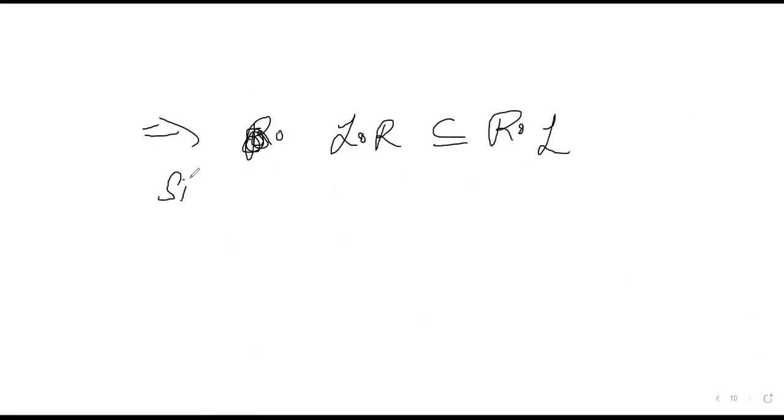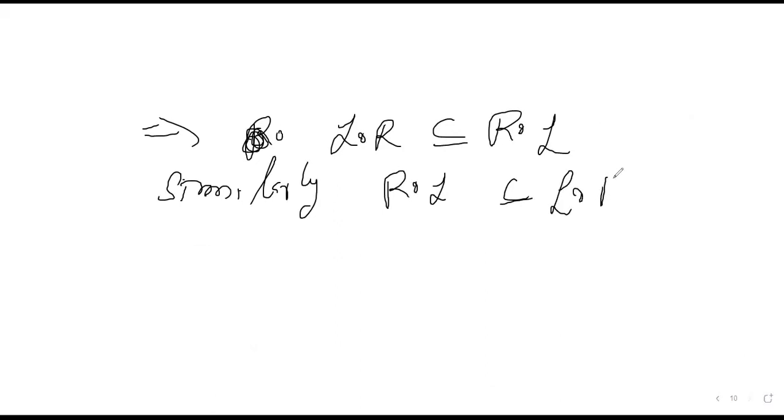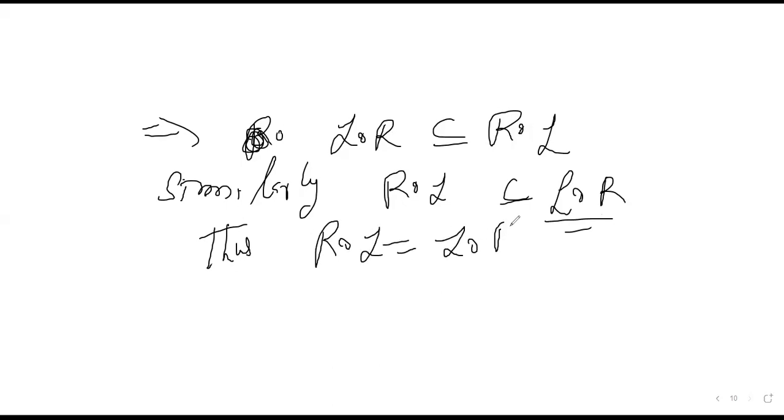Now similarly, you can show that R composition L is a subset of L composition R. So they permute. So thus R composition L is same as L composition R. So once they permute, I have mentioned the result.